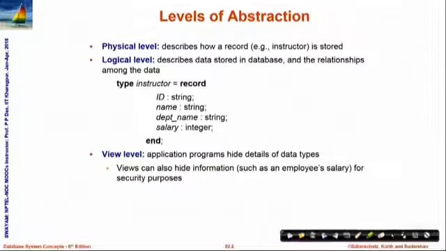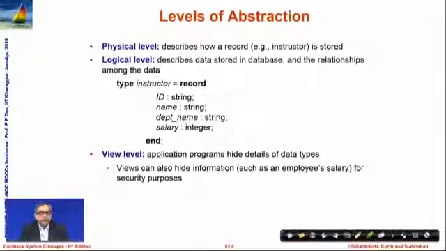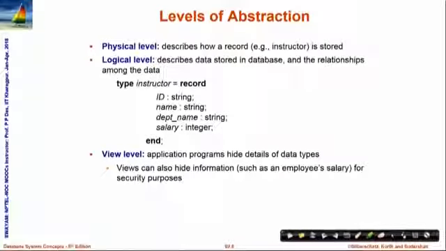At the third level, which you can say is the topmost level, called the view level, the application program tries to view the data, and it deals with the details that it needs to; the rest of the details are usually hidden from this view.